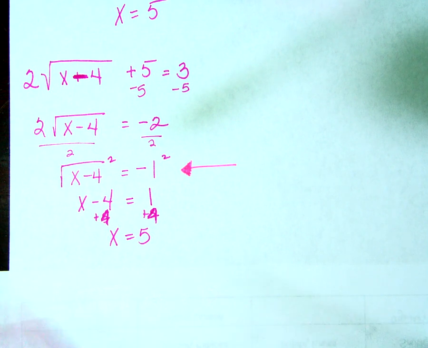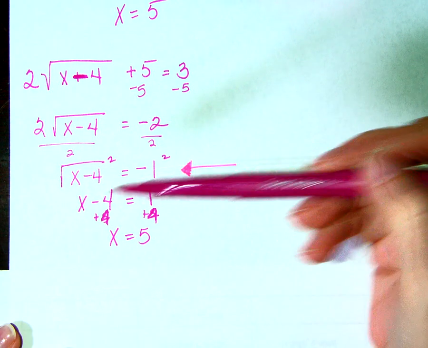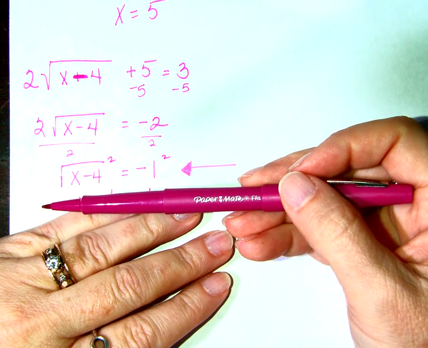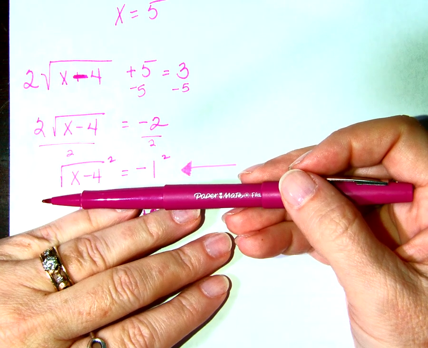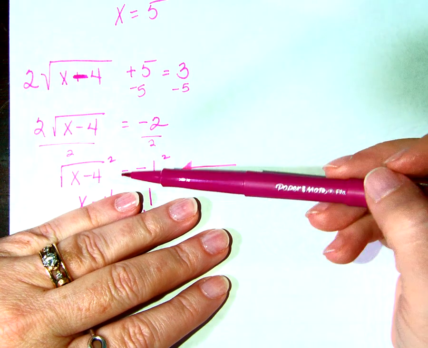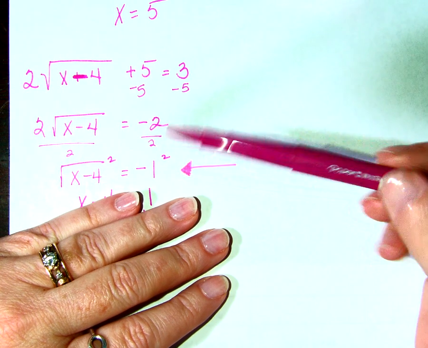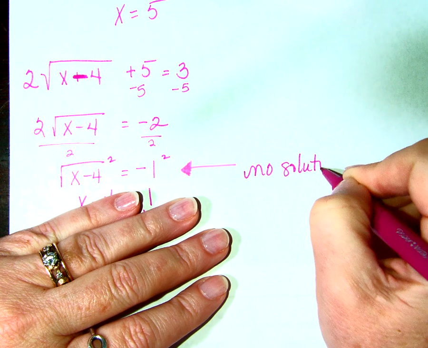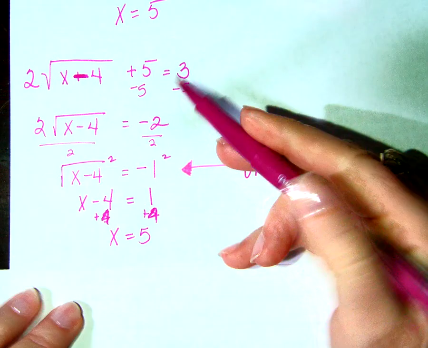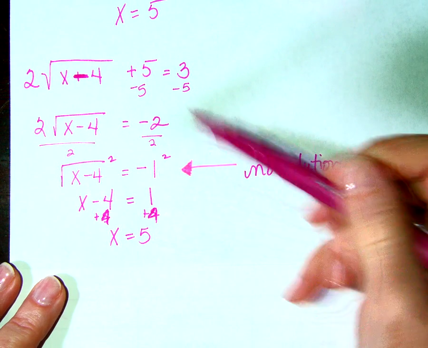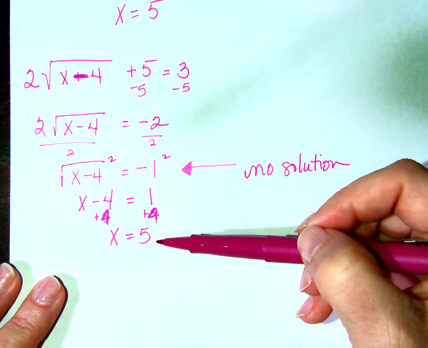So I could have even gotten here to this part of the problem and stopped without squaring both sides, right? Because I could have said to myself, there's nothing I can take the square root of to get an answer that's negative. And from there, I could have written no solution. As it was, I went ahead and finished the problem because I didn't recognize that. And I got an answer and I plugged it back in and it was wrong.